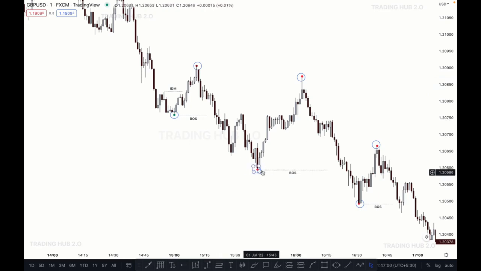Before this external liquidity, between this range you can see minor structure. So the first minor structure acts like an inducement, and the extreme structure acts like engineering liquidity. In this case, this one is our inducement, because this is our first recent structure.